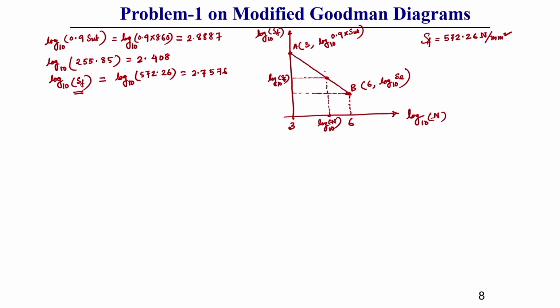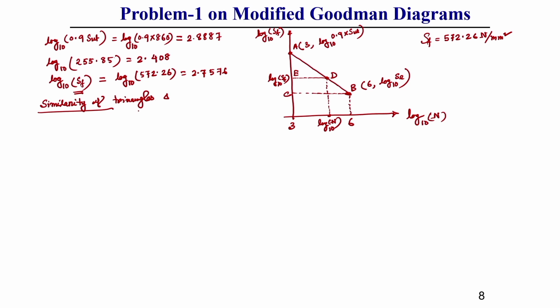Now, let us consider this is AB. I am drawing this thing, that this is our C, this is our D, this is our E point. Now, here also we will use the similarity of two triangles.